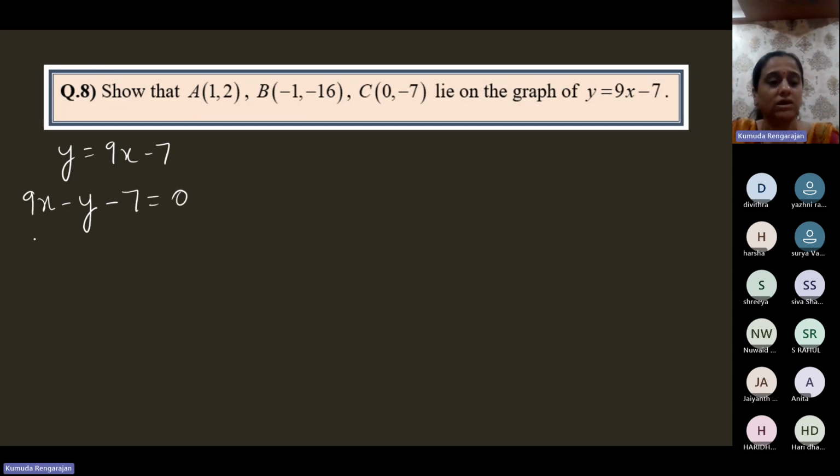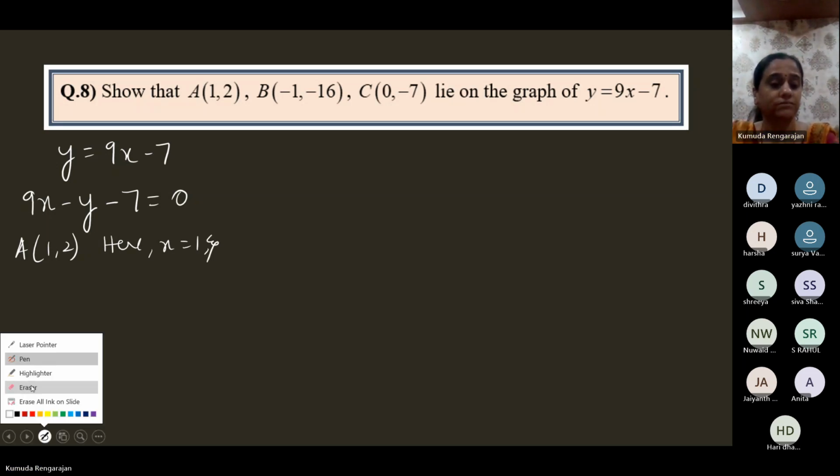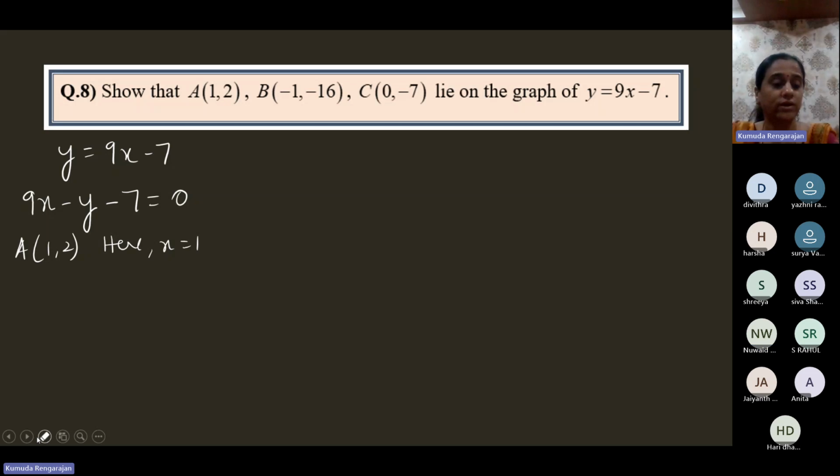Now, A is 1 comma 2. So here x is equal to 1 and y is equal to 2. So what's the LHS we have? LHS is equal to 9x minus y minus 7.